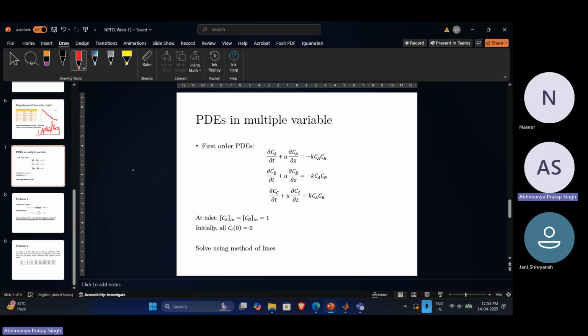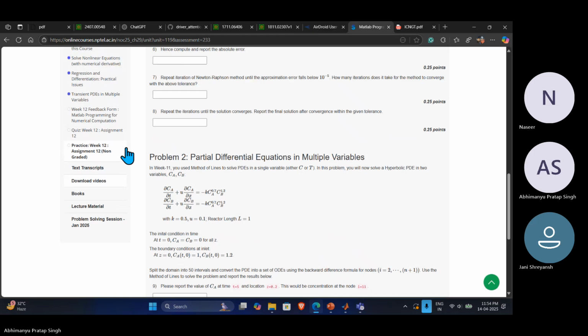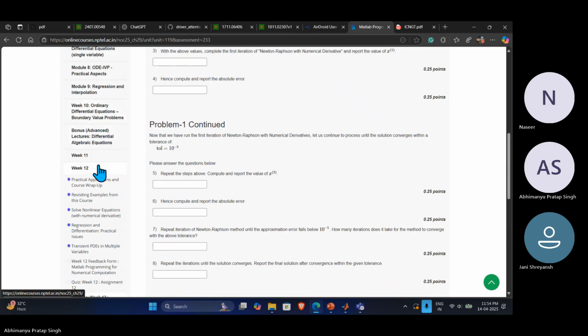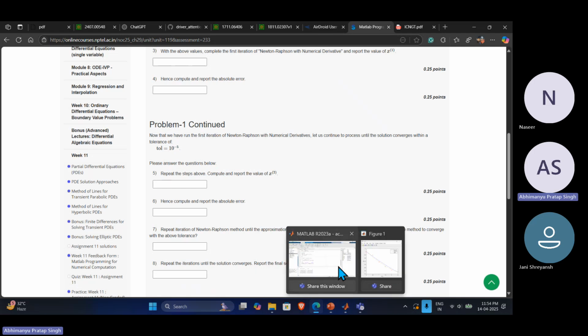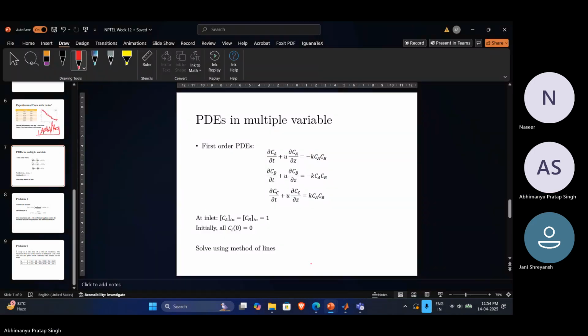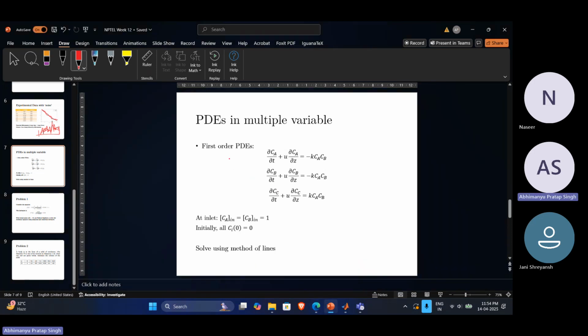Last week, in week 11, we saw how to solve PDEs, but we only did it for a single variable. We did not solve for multiple variables. So this is one example for that. The solution methodology is still the same. We will be using method of lines.